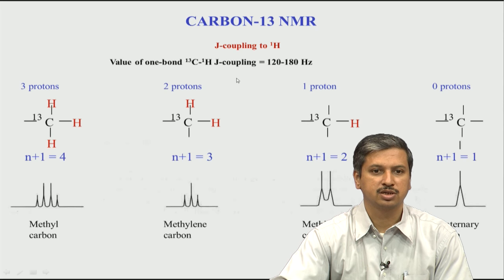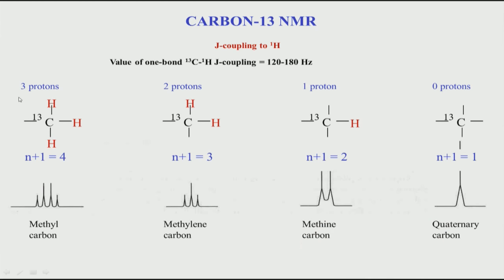So, the n+1 rule is applicable here also. Suppose I have a carbon like a methyl group attached to 3 protons, then that carbon signal will be split into 4 peaks because of the n+1 rule. Using Pascal's triangle, you expect a quartet, which is 1:3:3:1.